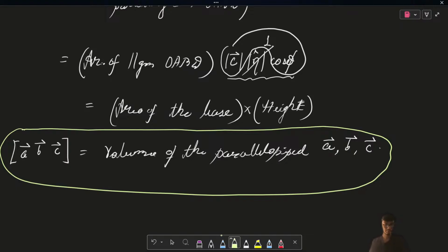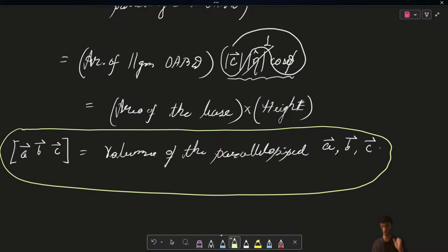Now, let us try to extrapolate this idea to find a relation for coplanar vectors. This scalar triple product represents the volume of the parallelepiped whose coterminous edges are A vector, B vector and C vector, and obviously they form the right hand system of vectors.